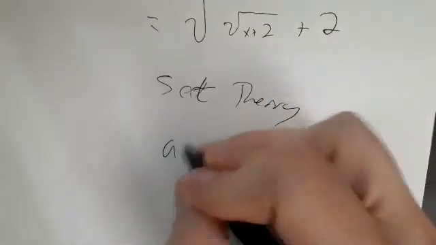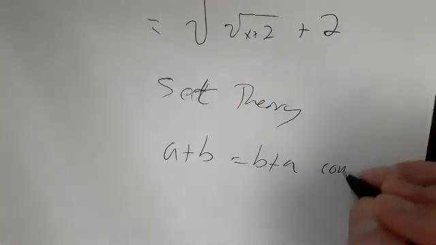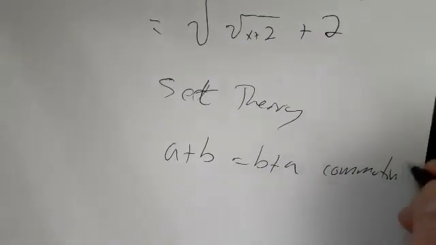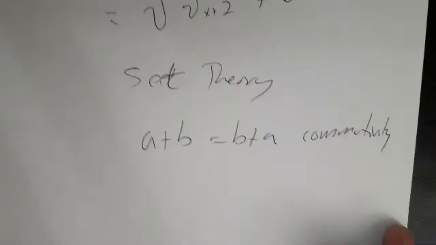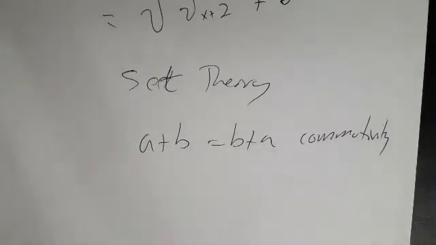Commutativity is the problem. I'll use a different example. If I put on my underwear and I put on my pants, is that the same thing as putting on my pants and putting on my underwear?